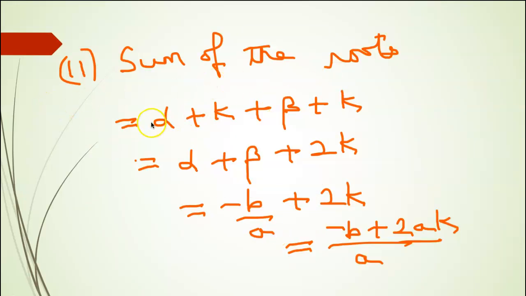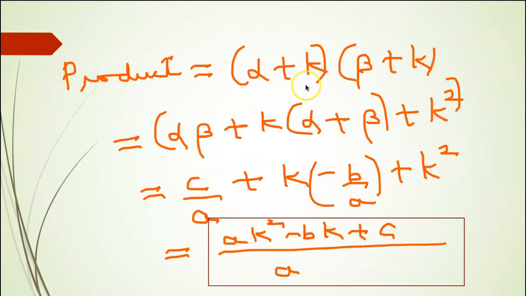And sum of the roots when it is alpha plus k and beta plus k will be alpha plus k plus beta plus k, that is alpha plus beta plus 2k, that is minus b by a plus 2k, which is minus b plus 2ak by a. And product is alpha plus k into beta plus k, that is alpha beta plus k into alpha plus beta plus k squared, that is c by a plus k into minus b by a plus k squared, that is ak squared minus bk plus c by a.